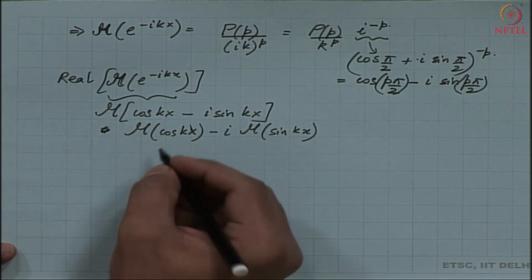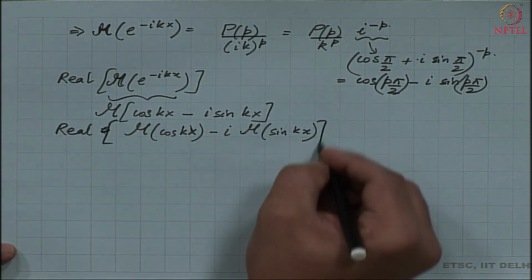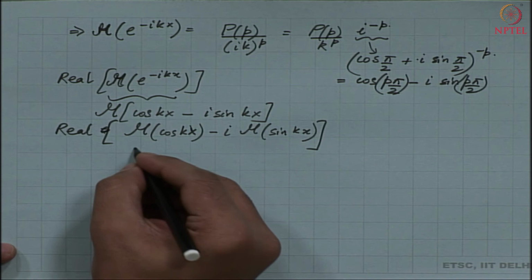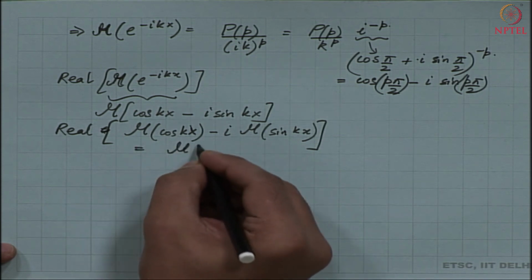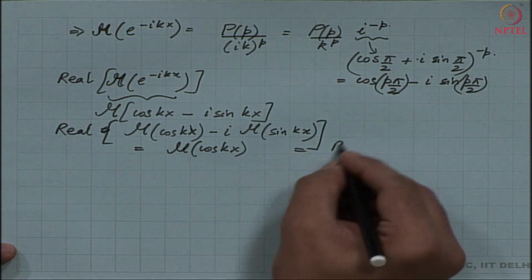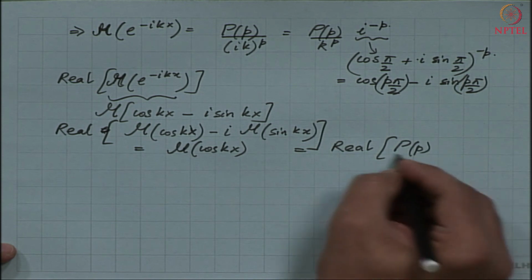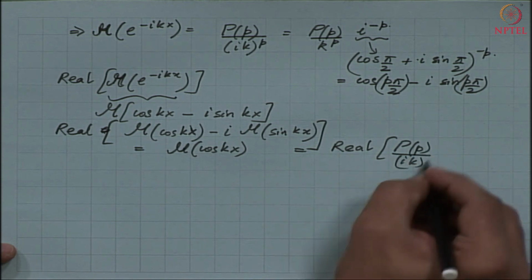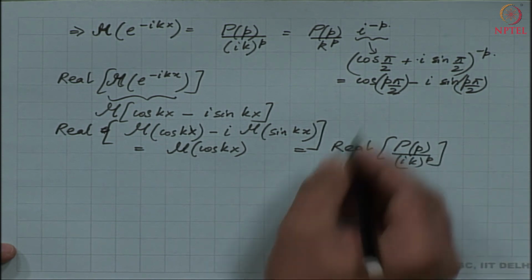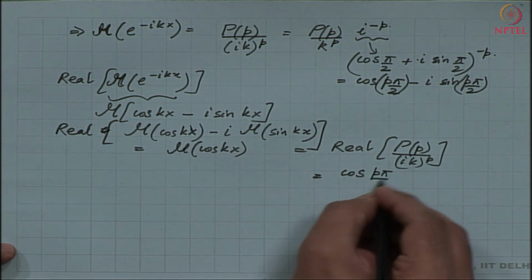So, if I were to take the real part of this left hand side, I get that the Mellin transform of cos k x is also equal to the real part of gamma of p divided by i k to the power p, which is equal to gamma of p over k to the power p times cos p pi by 2.